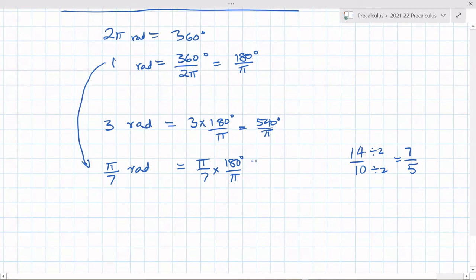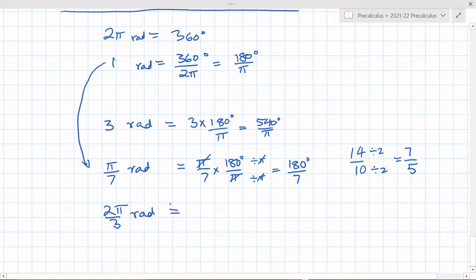So here I can divide this by pi, and I can also divide this by pi. So pi divided by pi cancels out. Pi is just a number. So it works like any of the other real numbers.